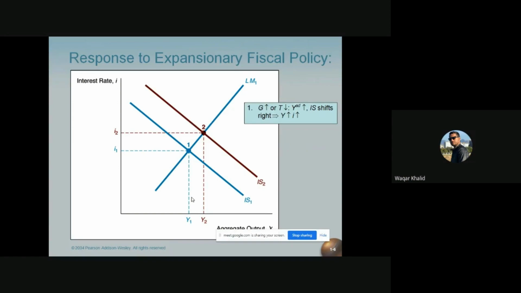So the question is, can the federal government come to the rescue and manipulate government expenditure and taxes to raise the aggregate output and reduce the huge unemployment? What will be the policy if the Federal Reserve is not entrusted to increase the supply of money in order to increase aggregate output and decrease the unemployment rate?